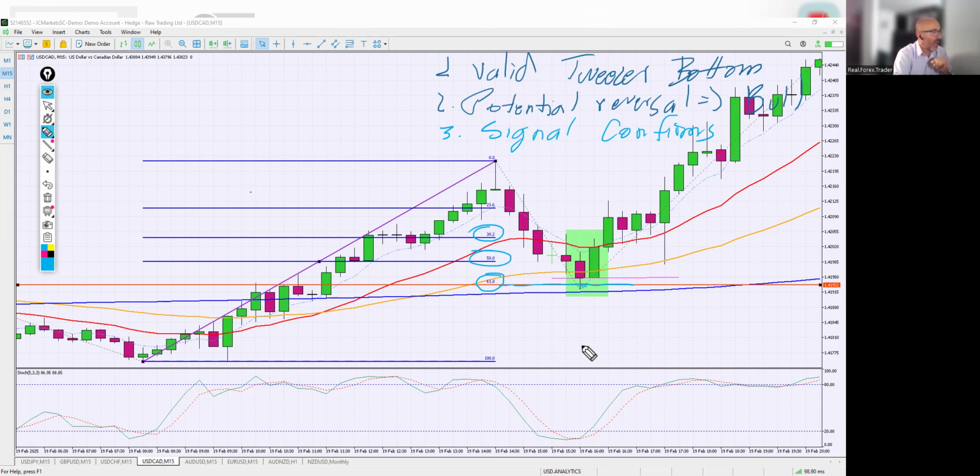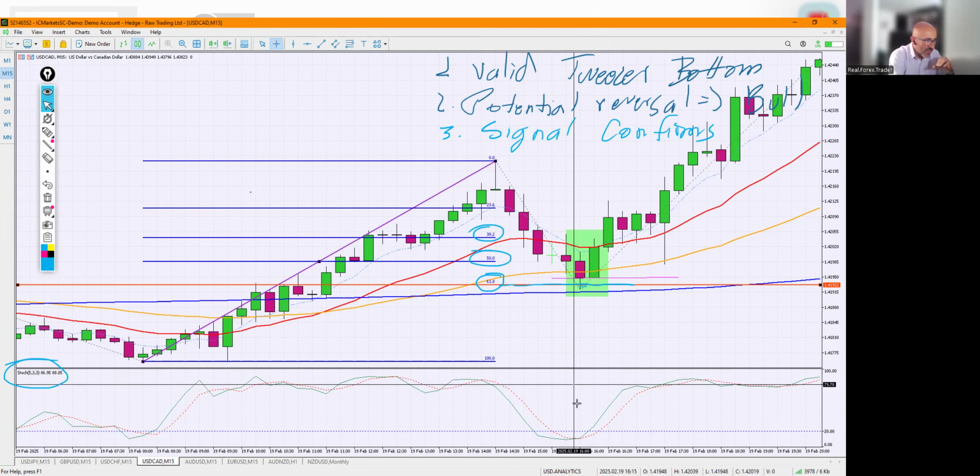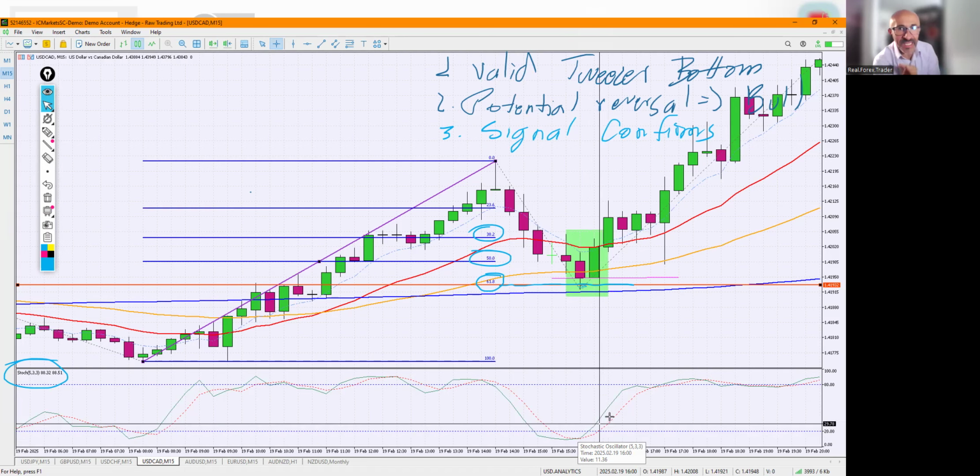Okay, now we have another very powerful tool, which is the stochastics. Remember that stochastics bears in mind two things: overbought or oversold. It's the same thing as the RSI. Okay, they are oscillators, so they work in the same line. So here, in this very moment of this tweezer bottom, I can see that there is an oversold region in the moment of the first candle. Check this out. Let's be clear here.